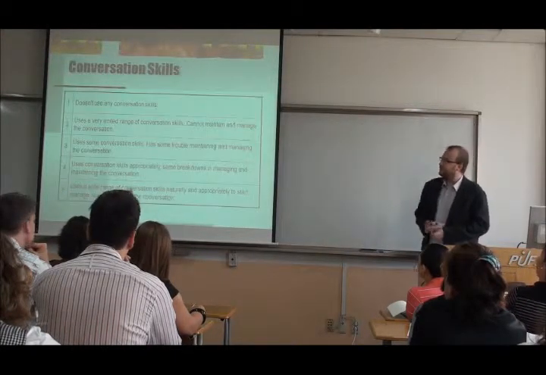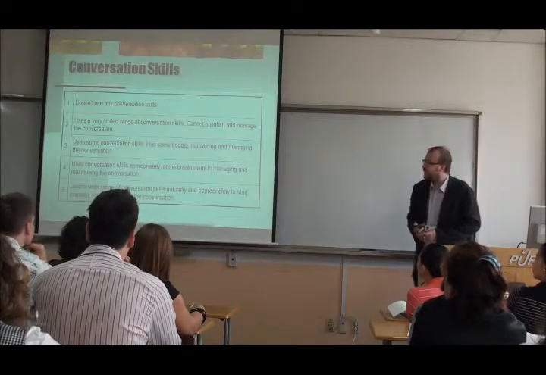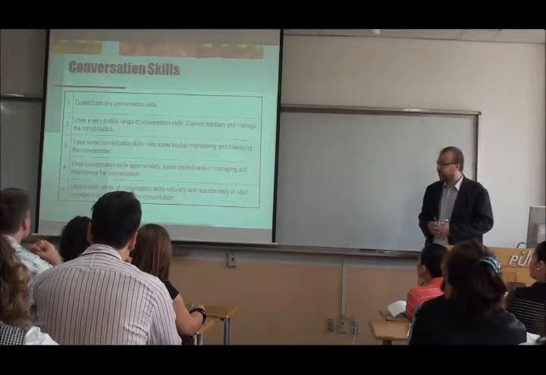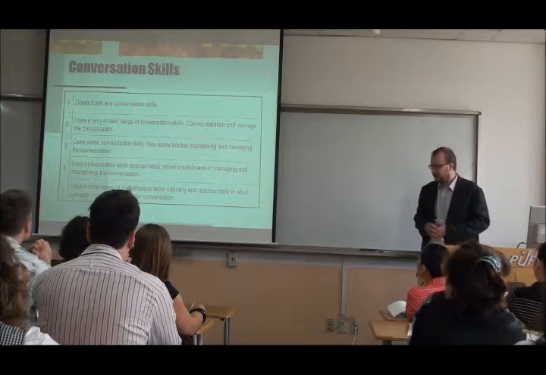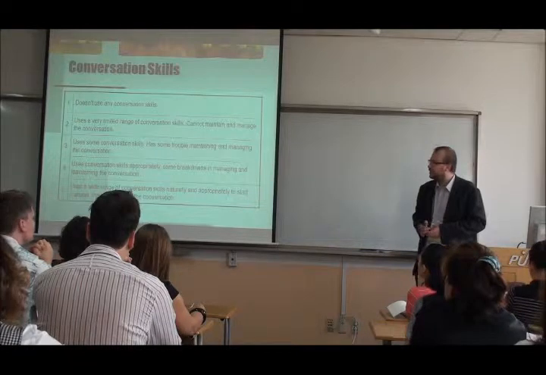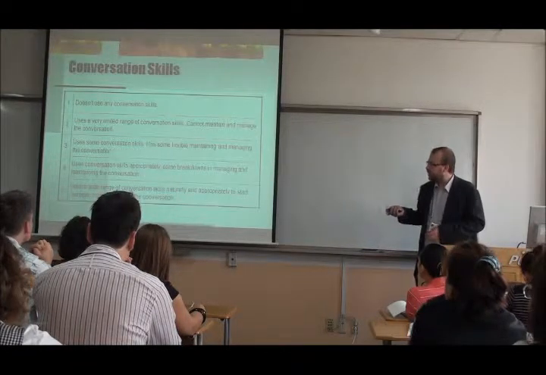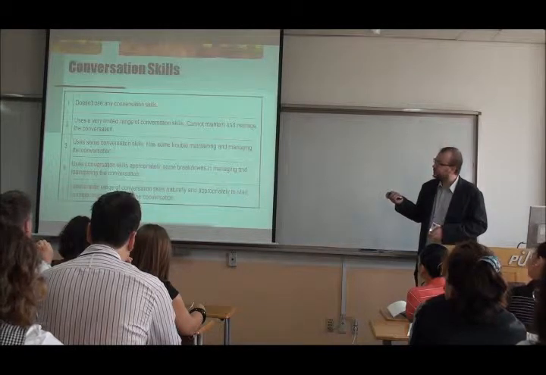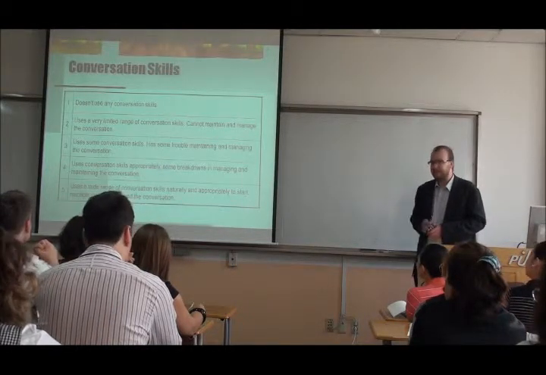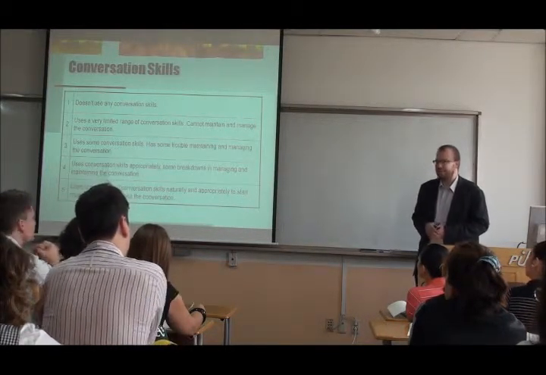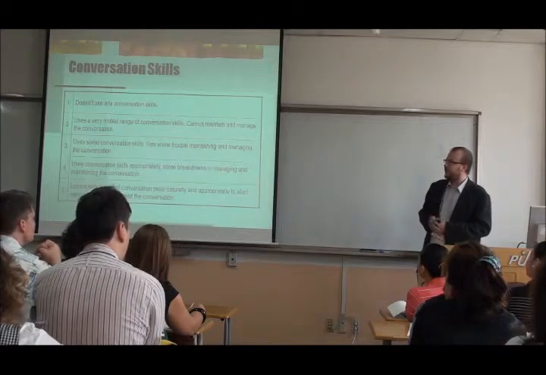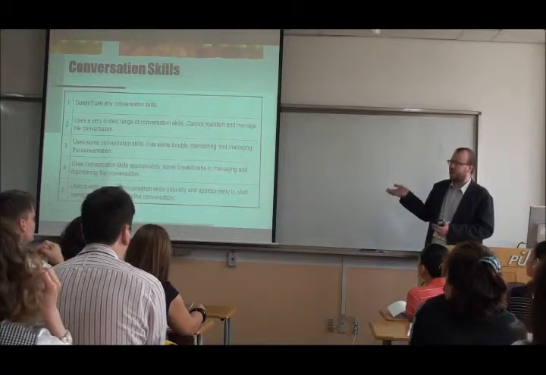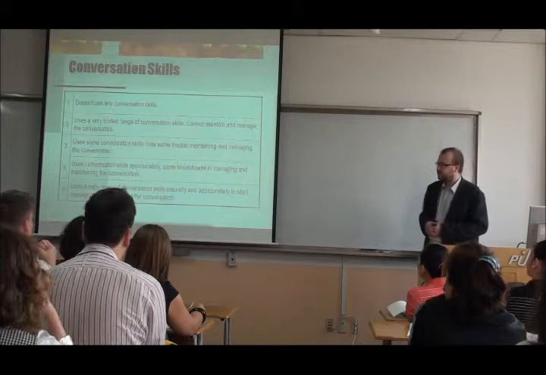We can create a rubric that has some specific criteria related to that. You could say they use a wide range of conversation skills naturally. They don't use any conversation skills. They use some but have trouble maintaining these kinds of things. So this is an example of how we could break it down. We could do the same thing with grammar and vocabulary, of course, as well.